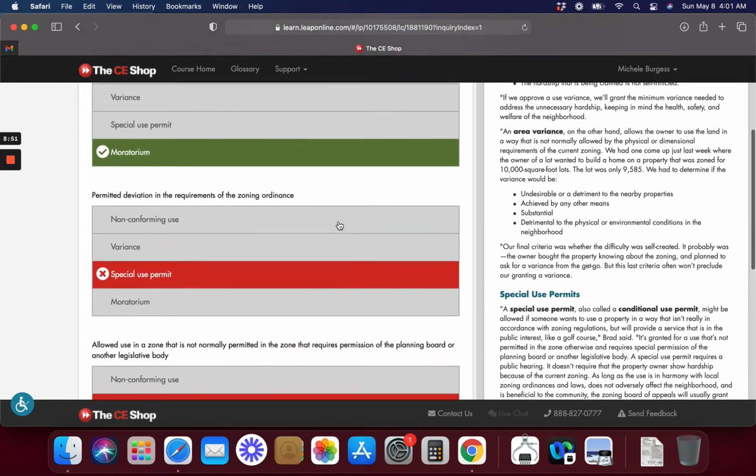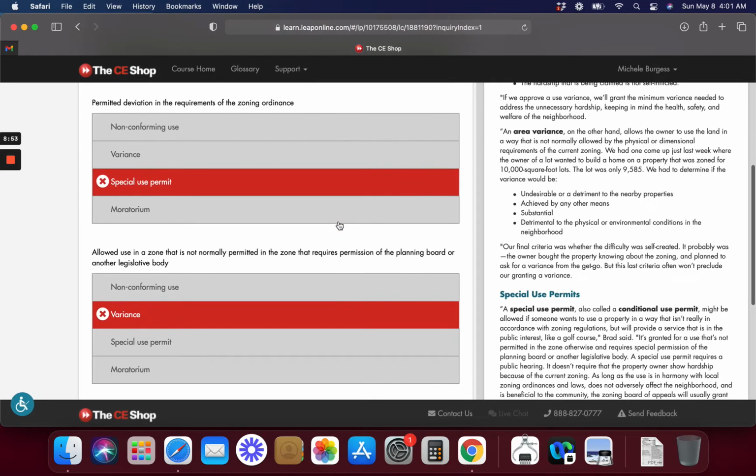All right, so we got 2 of them wrong. Permitted deviation is probably variance. Allowed use of a zone that's normally not permitted, requires the planning board or a legislative body, is special use.